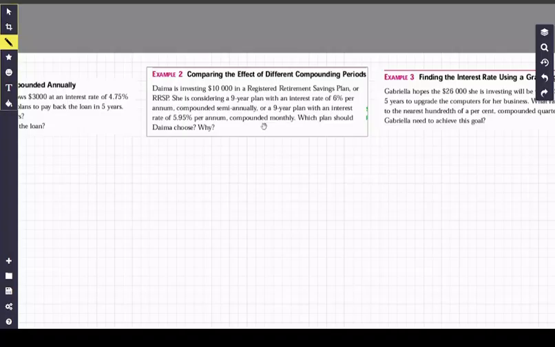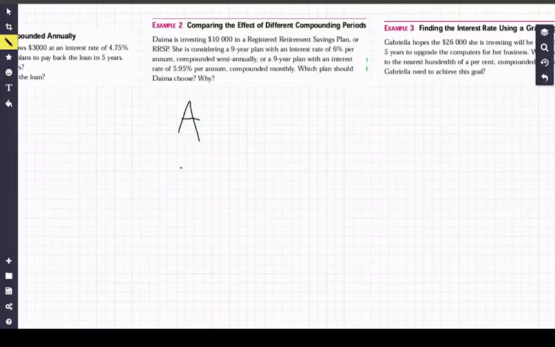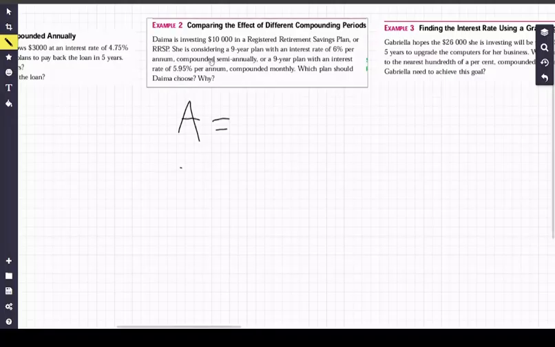Instead of using P plus I, we now have to use something else. Note that it's compounding 6% per annum. So how much is it compounding with respect to our compounding period? When we have 6% per year and it's compounded semi-annually, it should be 6 divided by 2, because semi-annually means 2.